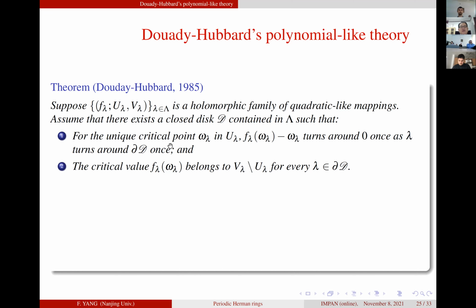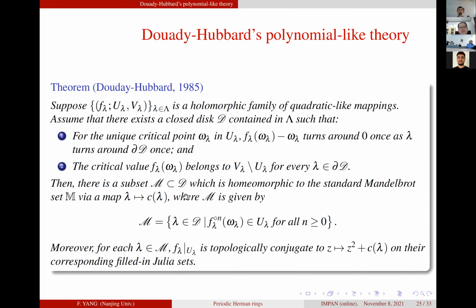For the unique critical point omega_lambda in U_lambda, f_lambda(omega_lambda) minus omega_lambda turns around 0 only once as lambda turns around the boundary once. And the critical value f_lambda(omega_lambda) belongs to the annulus for every lambda on the boundary of D.